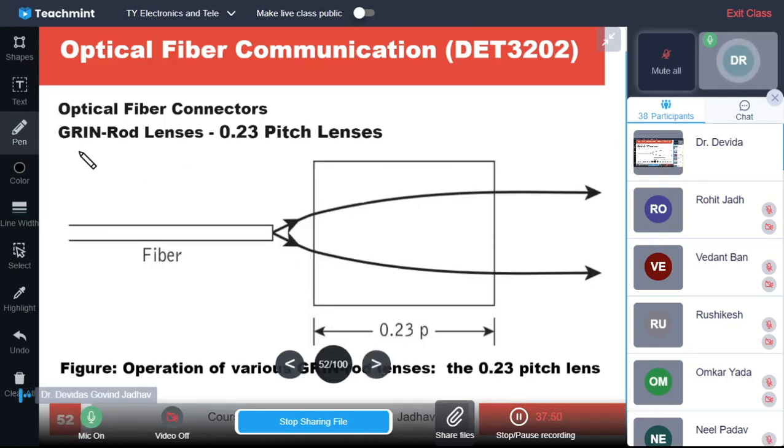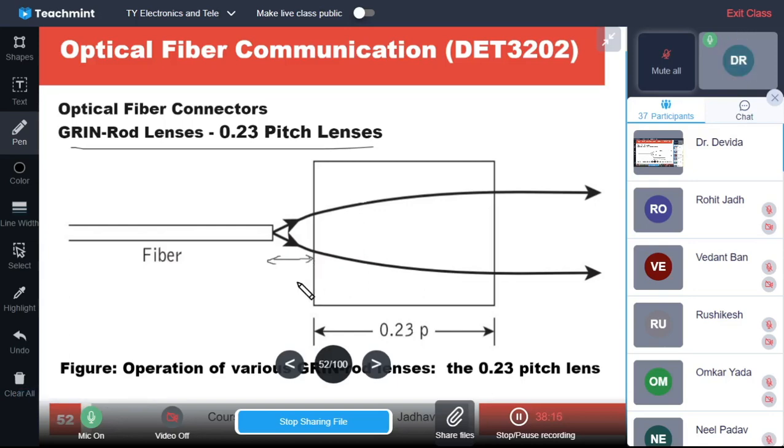to overcome that, a GRIN rod lens of 0.23 pitch can be used, where the focal point of this lens is outside the lens. It is not on the surface of the lens, it is outside the lens. So exactly maintaining zero gap is not required.